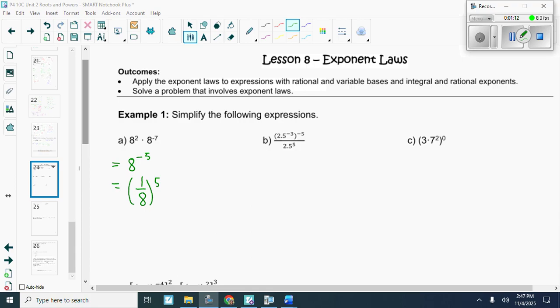I'm okay with either of these. They're exactly the same. Either put the 5 for the whole thing, or show that you understand that 1 to the power of 5 is just 1. Technically, this is a little bit simpler than this, because we've just done the math on the 1.